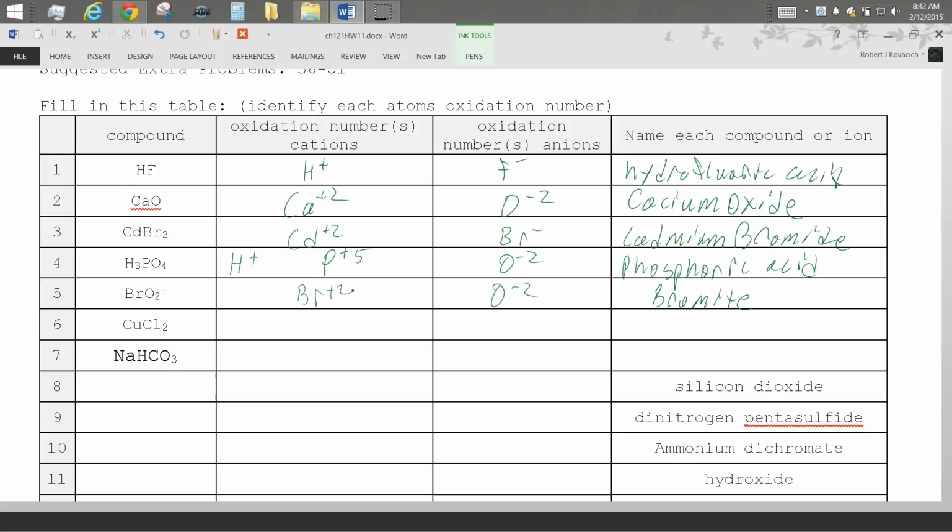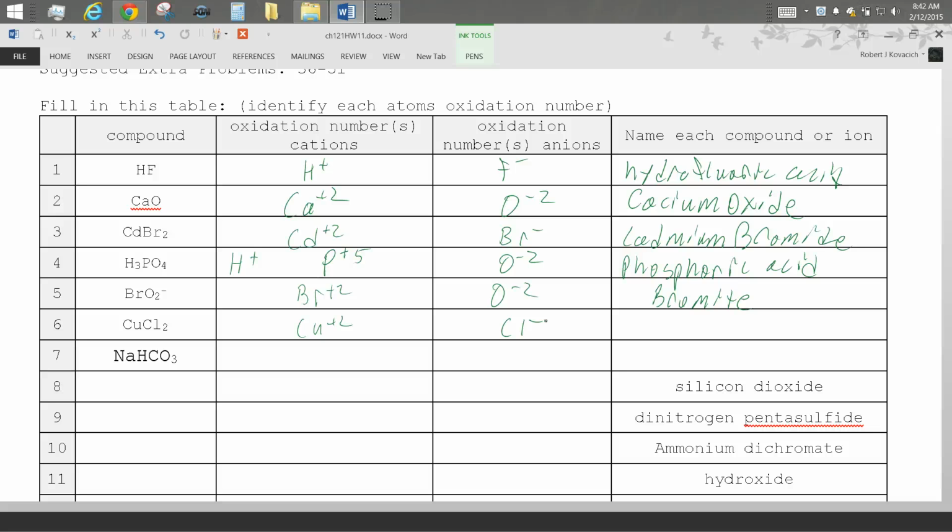So who's my positive charge in number 6? Copper. And what's copper's charge in this case? How do you know that copper is a +2? Because chlorine is a halogen, and it says that the chlorines are -1 unless they're with oxygen or another halogen, and copper is not a halogen or oxygen, so -1 makes that copper a +2.